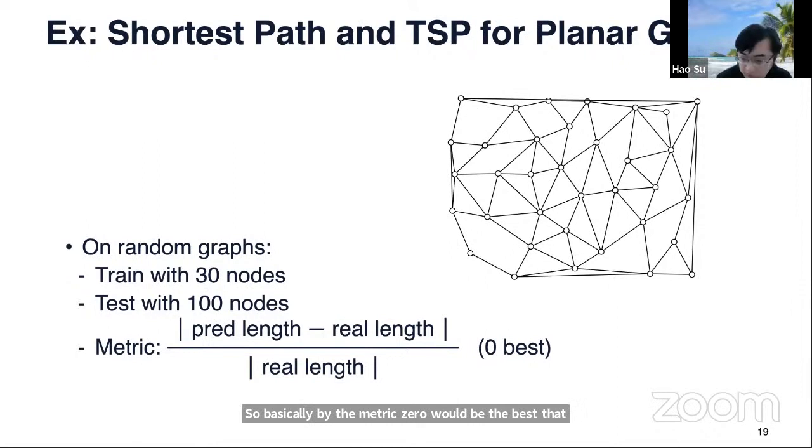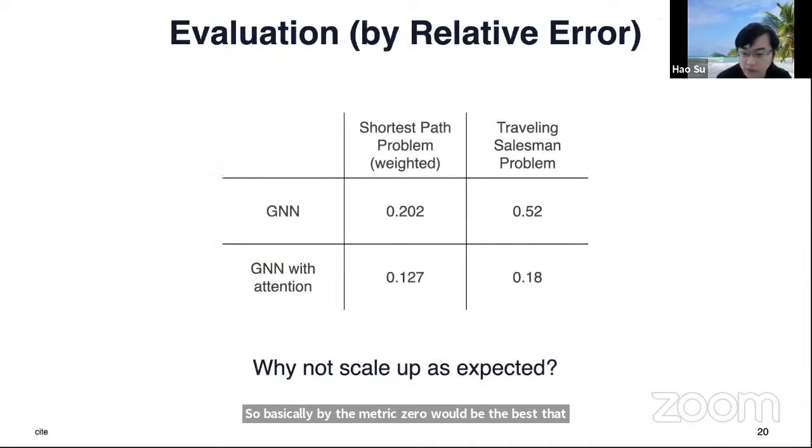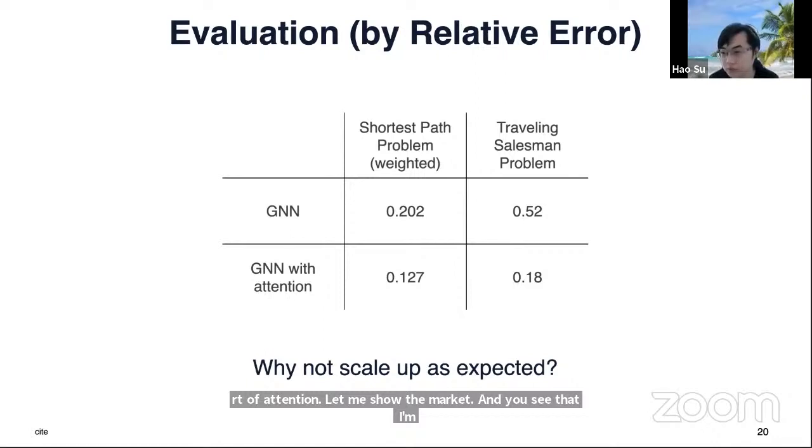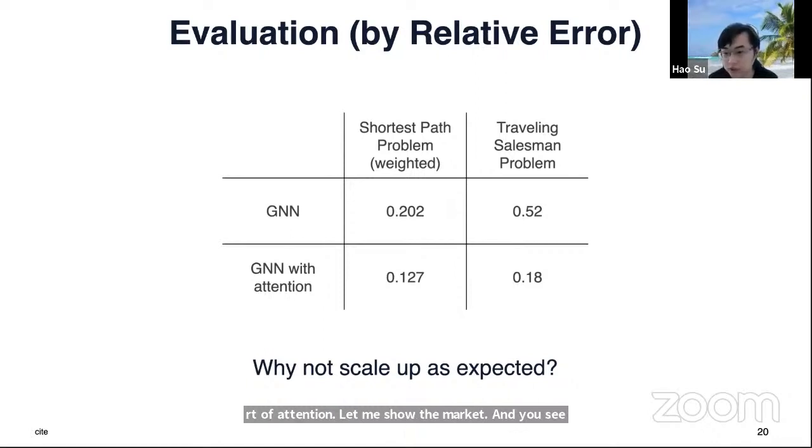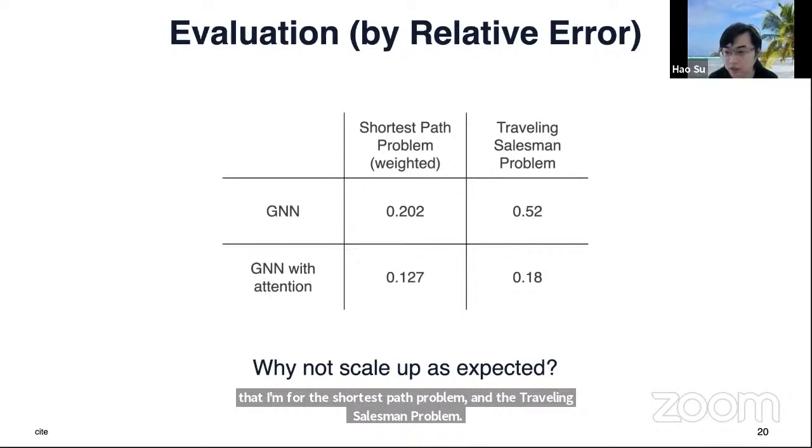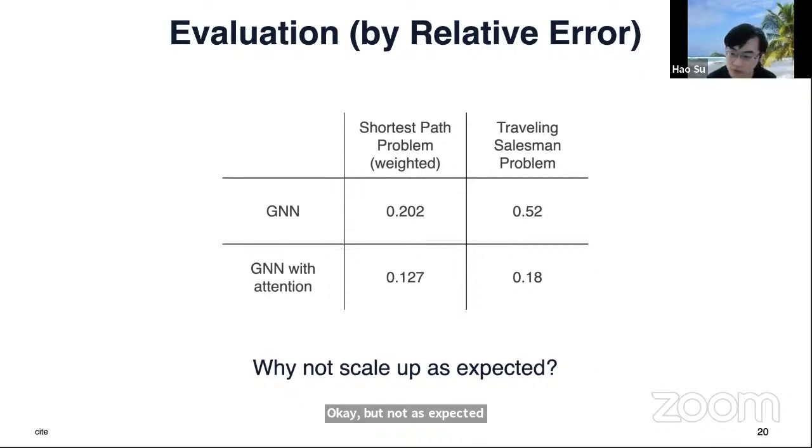Let us directly try to apply the GNN and the GNN with a certain attention layer. We show the metric, and you see that for the shortest path problem and the traveling salesman problem, GNN performs okay, but not as expected. As I said, 1 is the worst and 0 is the best. On the weighted shortest path problem, the relative error is at the 0.2 scale.